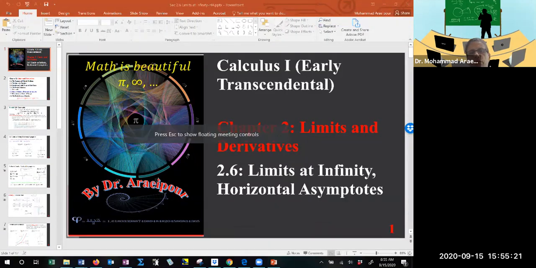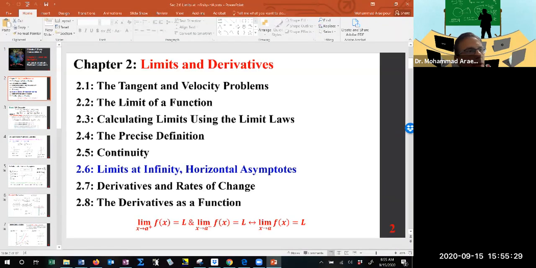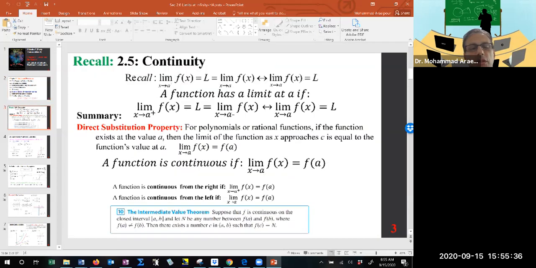All right, class, we are moving to 2.6, limits at infinity and horizontal asymptotes. We looked at continuity and, in short, what it meant for us.